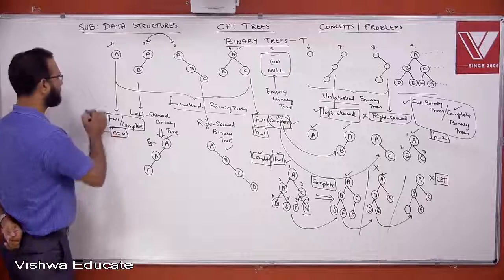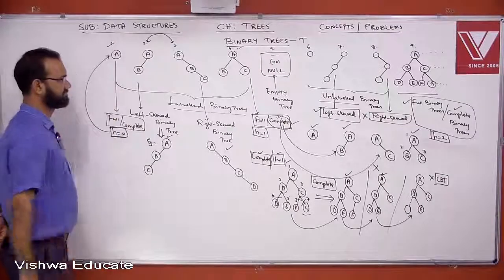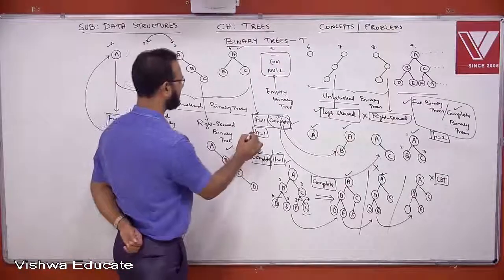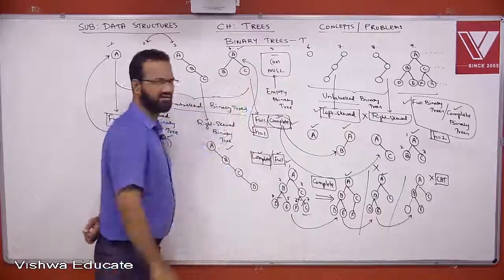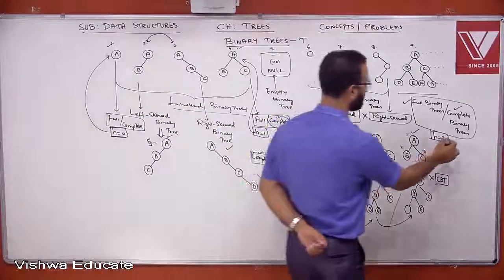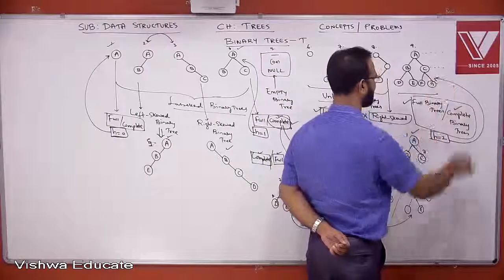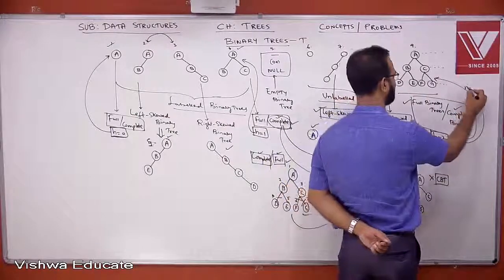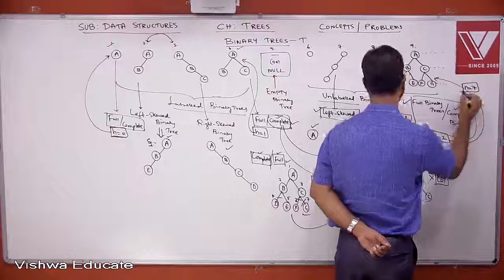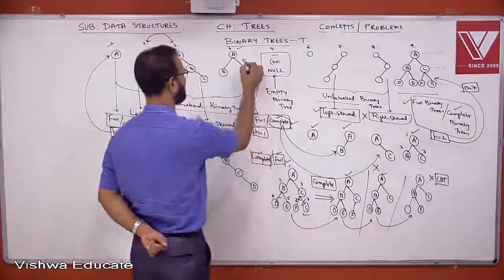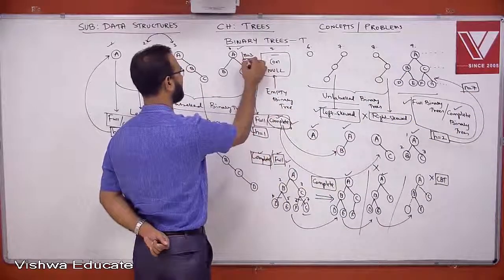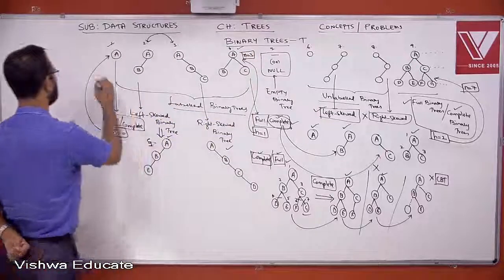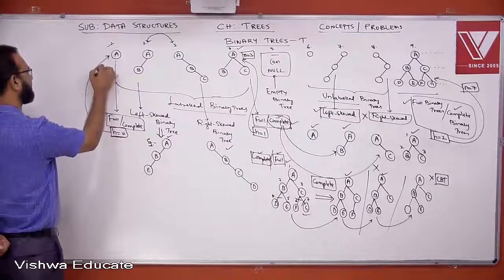With height 0, one node is there. With height 1, there are 3 nodes. With height 2, there are 7 nodes.